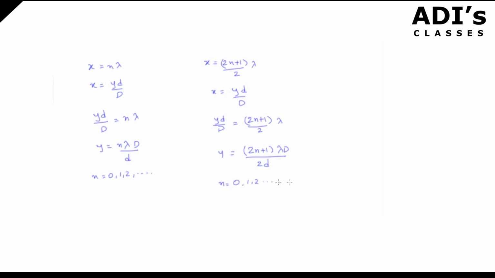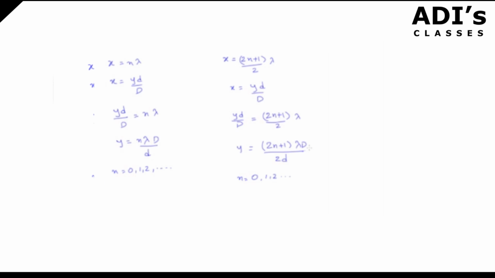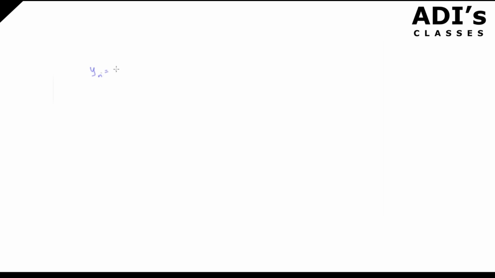Next, the same thing for a dark fringe. For that, we have x is equal to (2n plus 1) by 2 into lambda, correct? And here we got the x value to be yd divided by D. So equate those two: yd by D is equal to (2n plus 1) by 2 times lambda, or y becomes (2n plus 1) into lambda D divided by 2d.